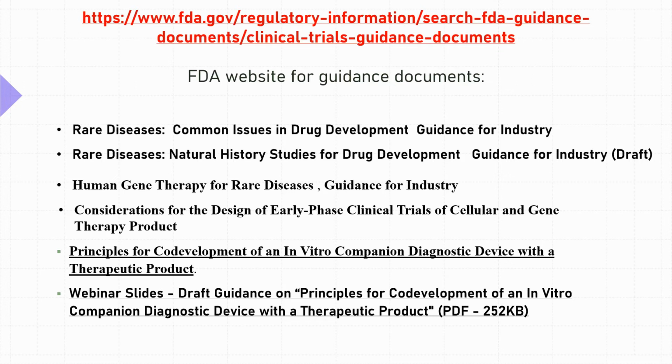And in particular, one of the guidances spends some time on natural history studies for drug development and other principles for co-development when you have a diagnostic that has to be used along with a drug, a therapeutic. So they have to be co-developed, as it were. And there are webinars and slides on these particular topics that are also available on FDA's website.